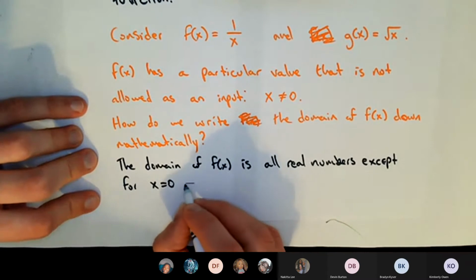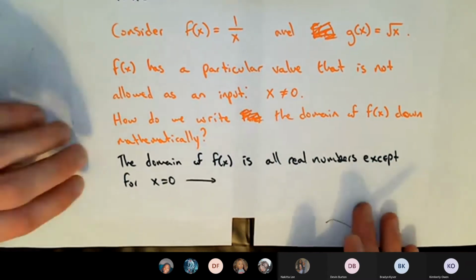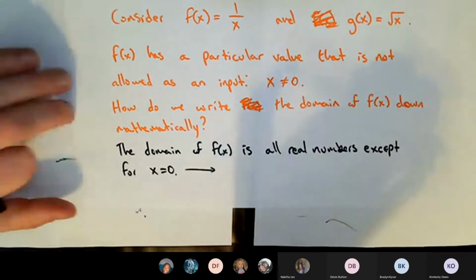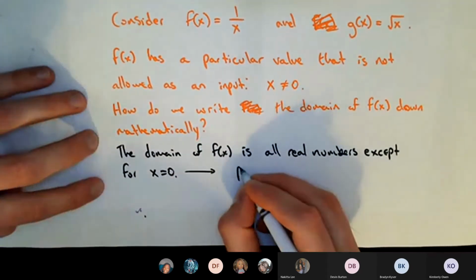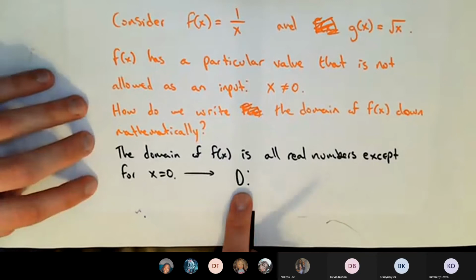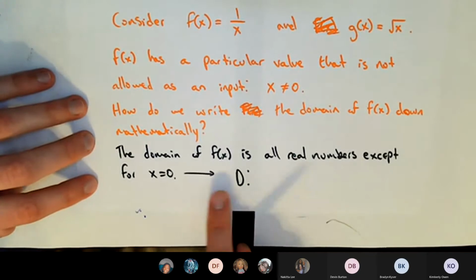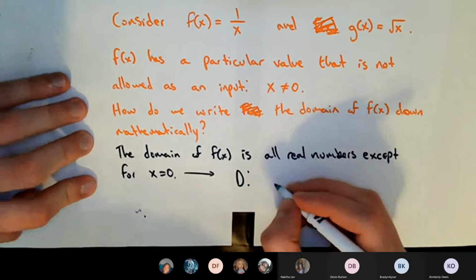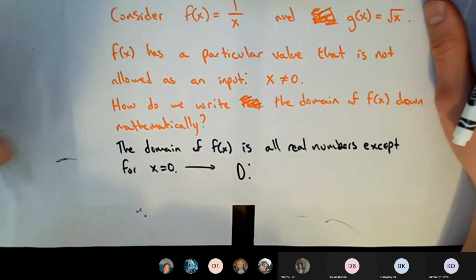Now, how do I translate that into a mathematical statement, instead of a sentence like this? The first thing I'm going to do is write domain, capital D for domain, with a colon. And then I'm going to use interval notation.